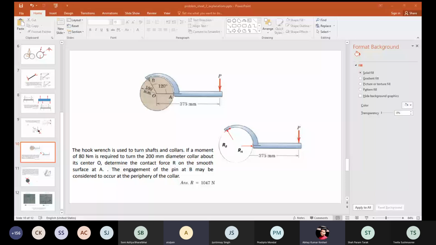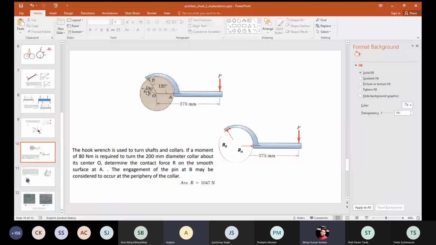Can you repeat your question, please? If we draw the free body diagram of the collar of the hook wrench and the cylinder, then we have a tangential force.